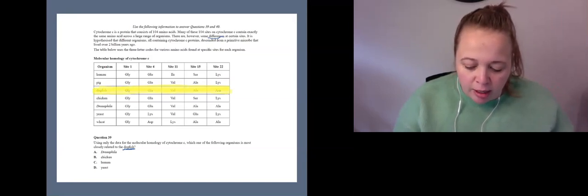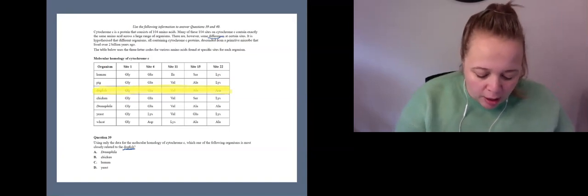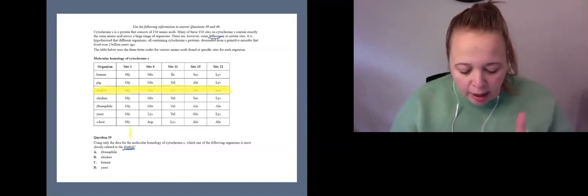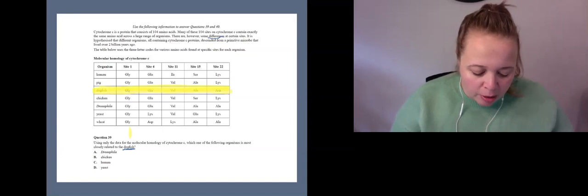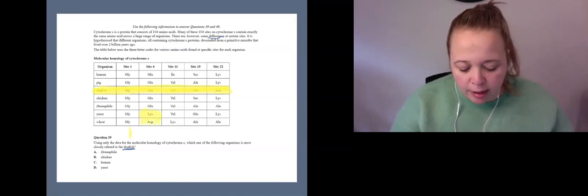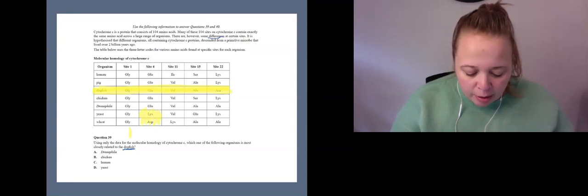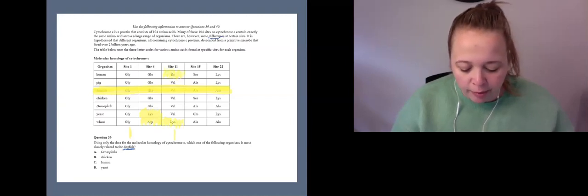Okay, so I'm just going to highlight the differences at each site. So at site number 1, everyone has gly. That's good. At site number 2, you can see the yeast and the wheat have a different amino acid at their site. At site number 3, you can see that the dogfish has val, but the yeast has lysine, and the human has ile.